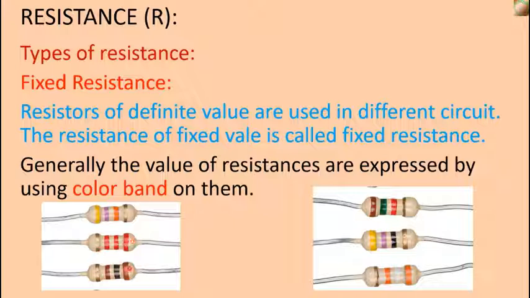There are 4 color bands on each resistor, with different colors. Each color expresses a unique number. By these colors we can get the value of this resistance.